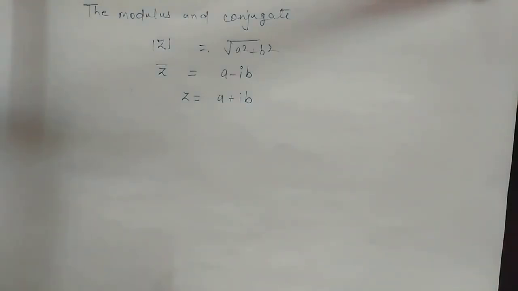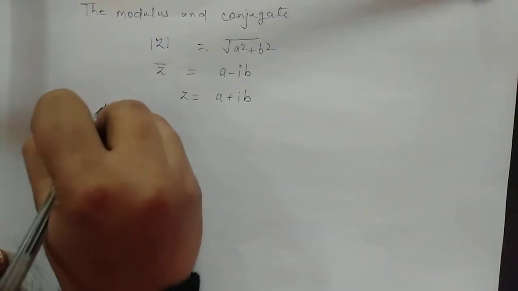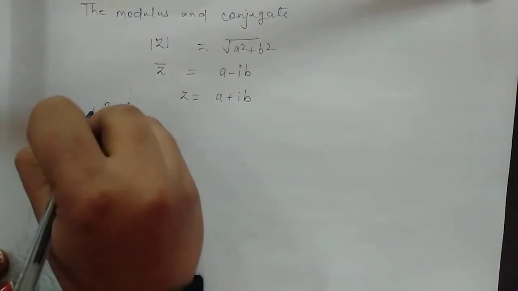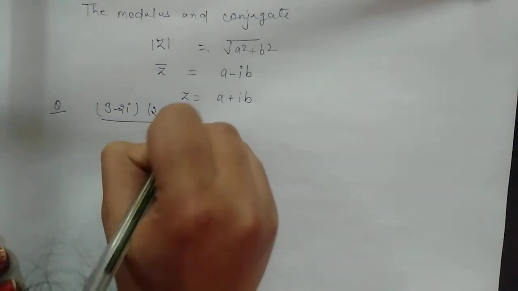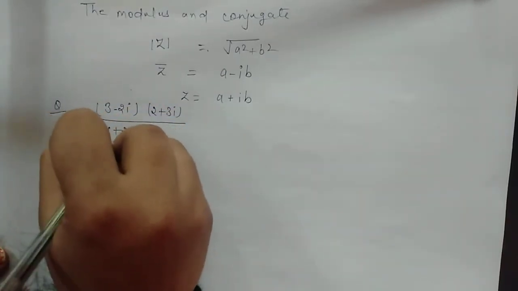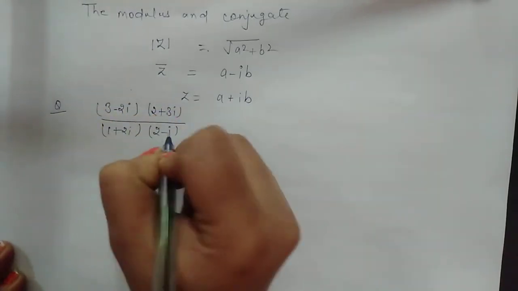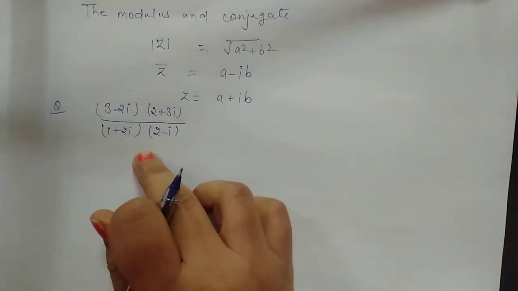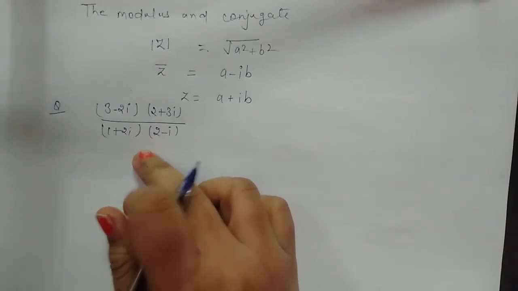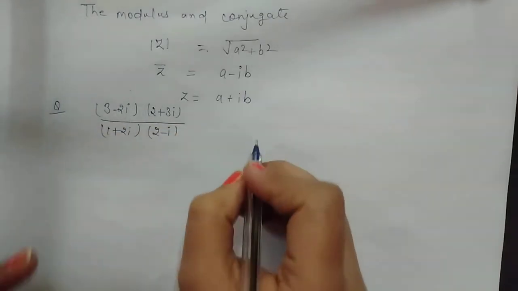Now we are going to solve a question, that is, we are having 3 minus 2 iota, 2 plus 3 iota upon 1 plus 2 iota and 2 minus iota. What we have to do in this question, we have to find the conjugate of this. So how will we find the conjugate? First we have to solve this by using multiplication.